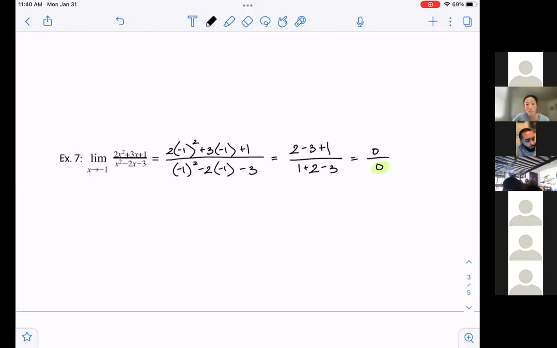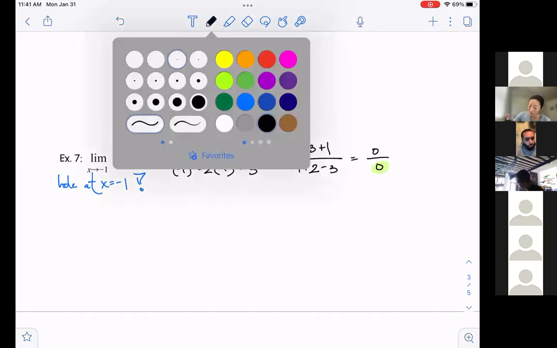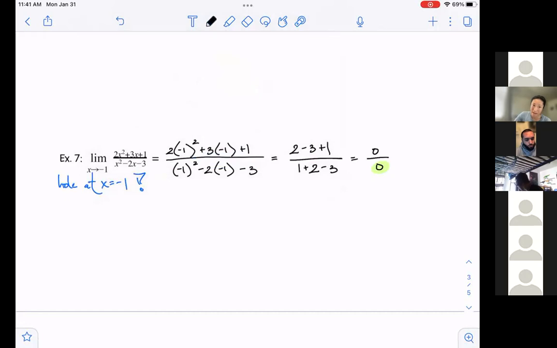But as soon as we see 0 over 0, we know there is a hole at x equals -1. Okay. Let's factor. So we get the limit as x approaches -1 of 2x squared plus 3x plus 1 over x squared minus 2x minus 3.